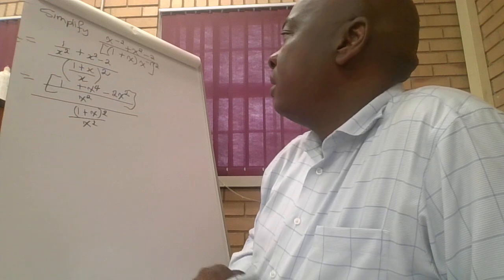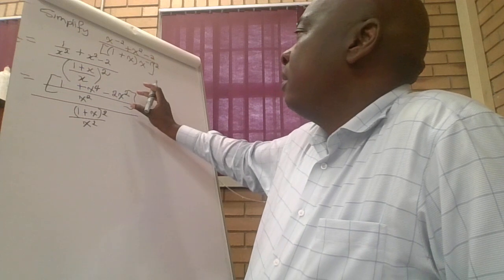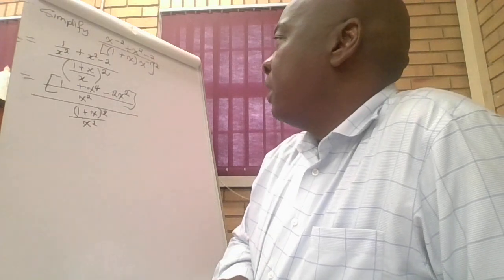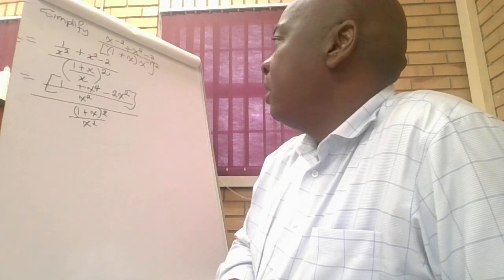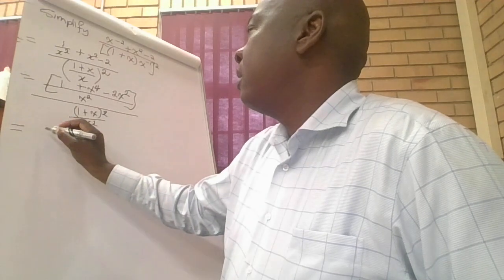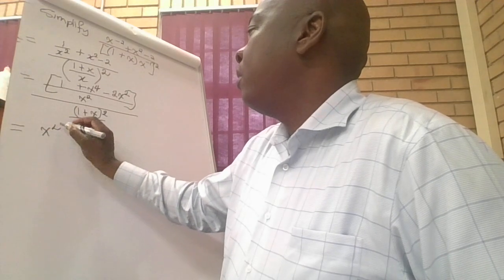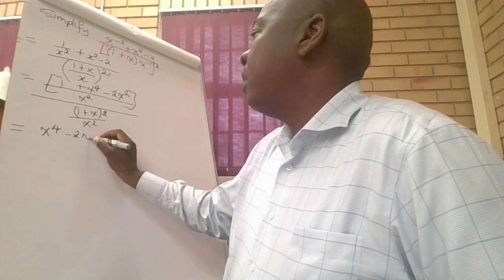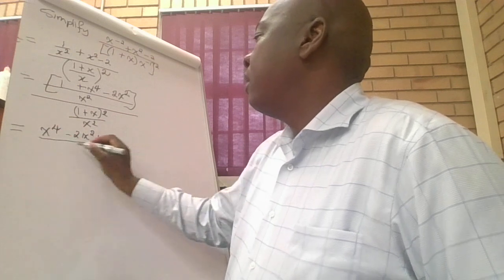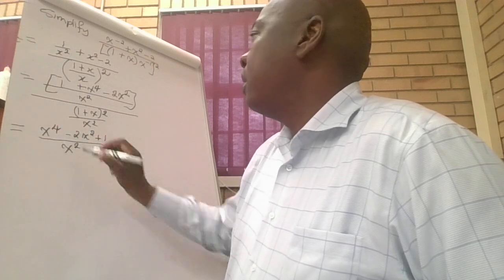I observe that within the numerator here, the numerator of the numerator, I can factorize that. Or perhaps if I'm to write it a little bit neatly, I can write this as x to the power 4 minus 2x squared plus 1 over x squared.